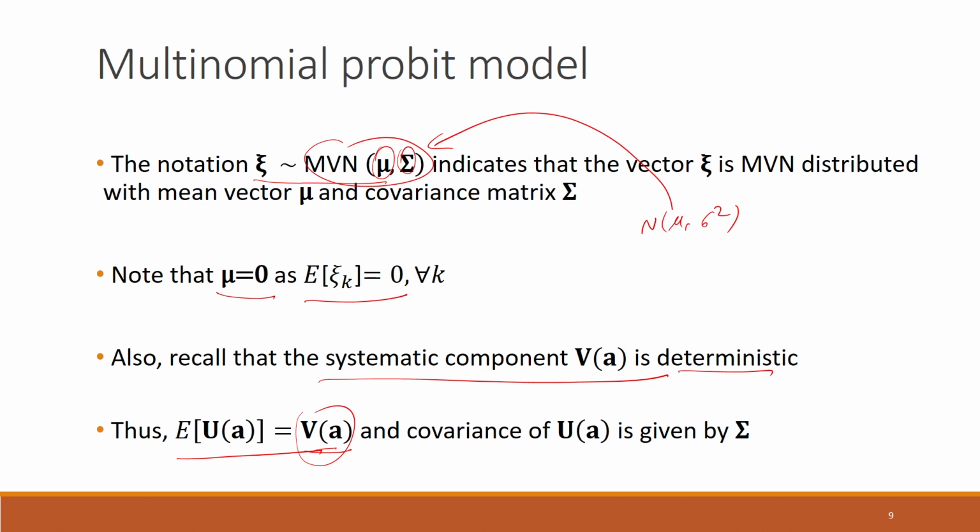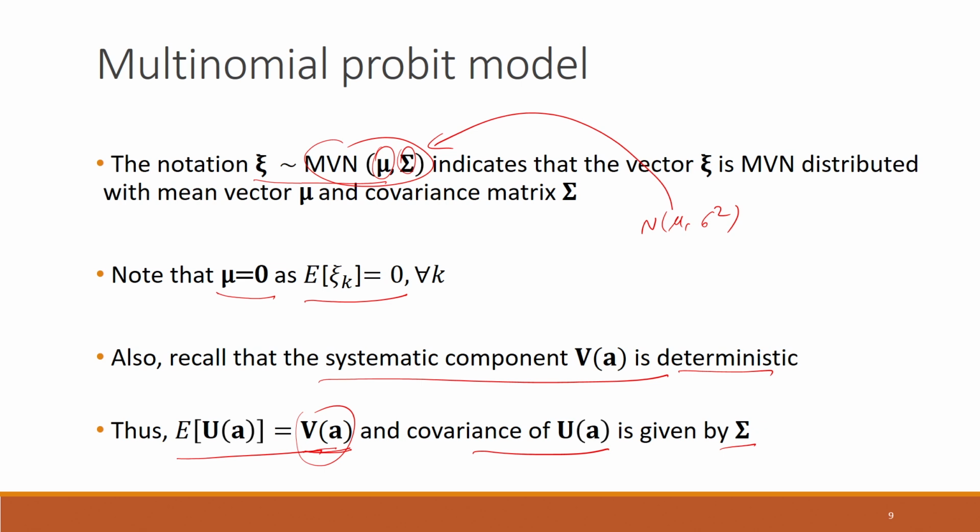Now, suppose you have to determine the covariance of this utility function. Since this first component VA, the systematic component, is deterministic, the covariance associated with that is 0. So, whatever covariance is there for UA is given by the covariance matrix of the error term.